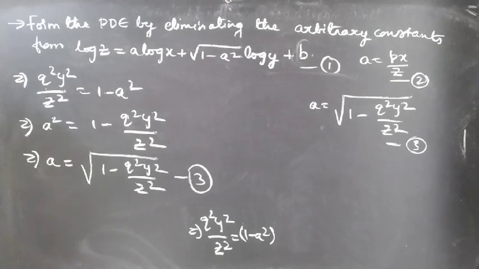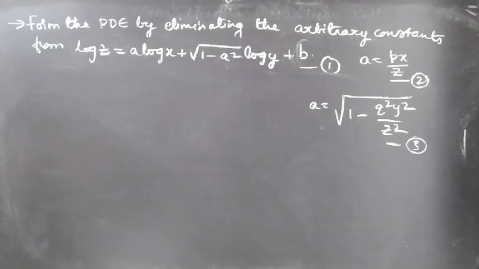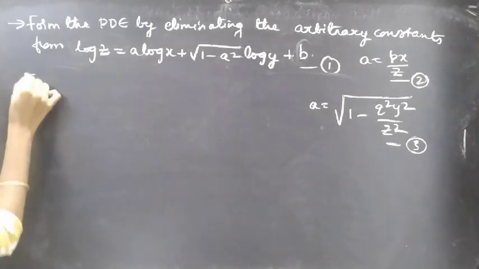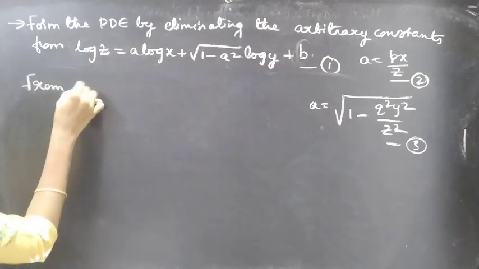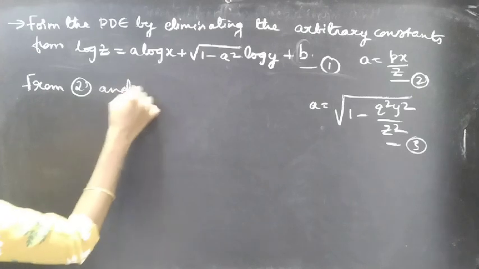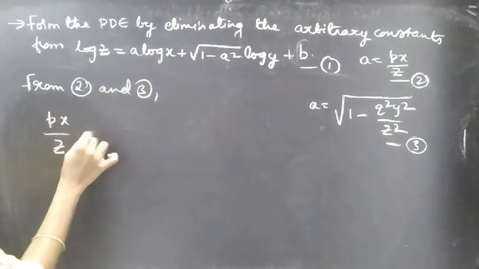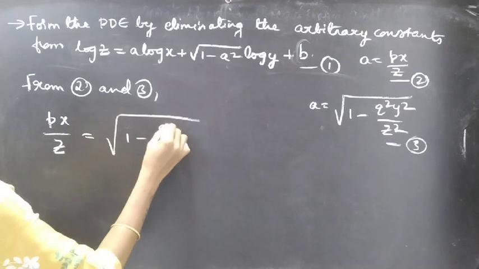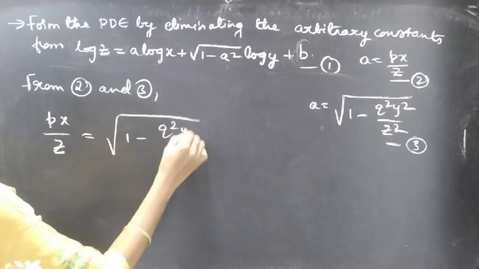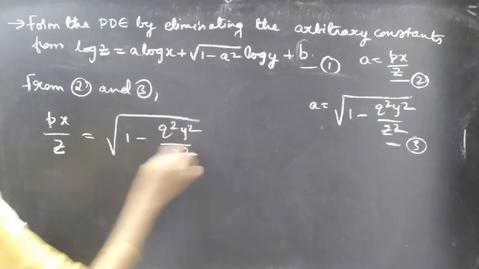So what we'll do is we'll just equate 2 and 3. From 2 and 3, px by z equal to square root of 1 minus q square y square by z square.